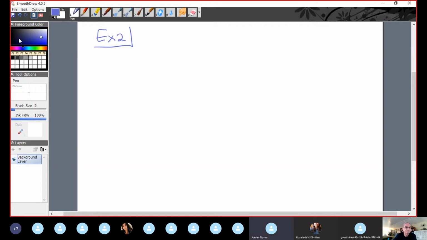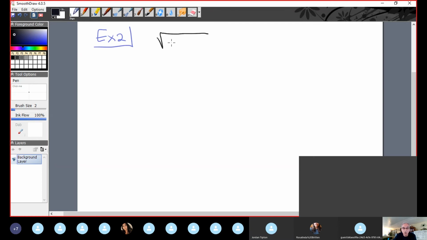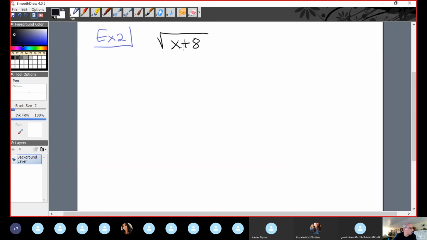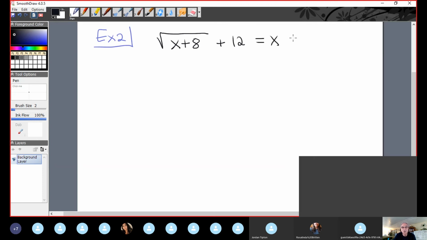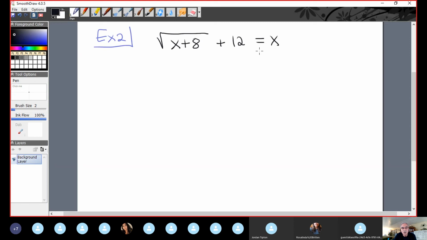Okay. This example is square root of x plus 8, plus 12, equals x. Immediately you recognize, this is a radical equation because it involves one radical.